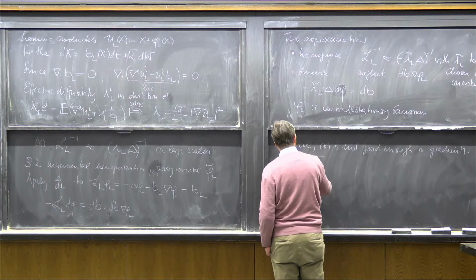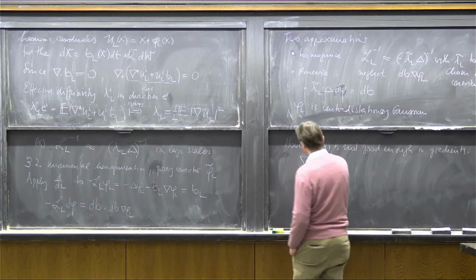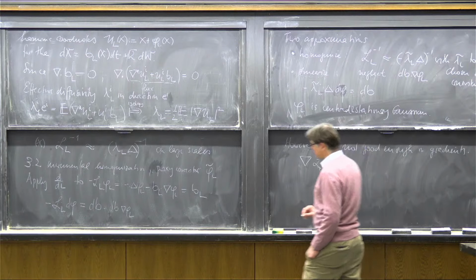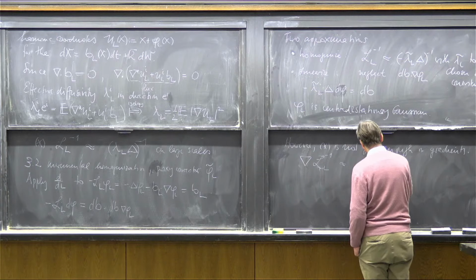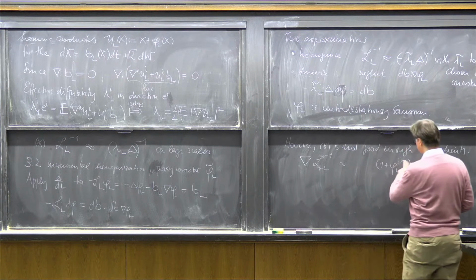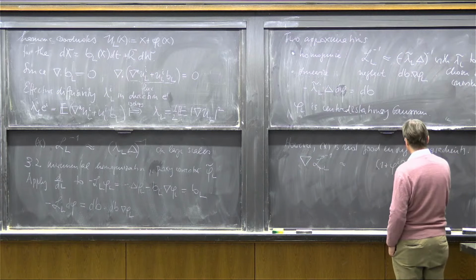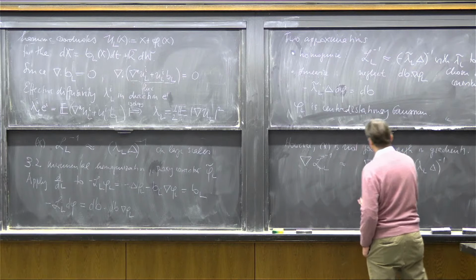So if you're interested in approximating the gradient of a solution with this variable coefficient operator, then it's not enough to take the gradient of this object, but you have to hit it with what is called the two-scale expansion, which with Einstein's summation convention means you apply this operator, which is a differential operator, to the solution of the homogenized problem which you got, and then you're allowed to take the gradient.